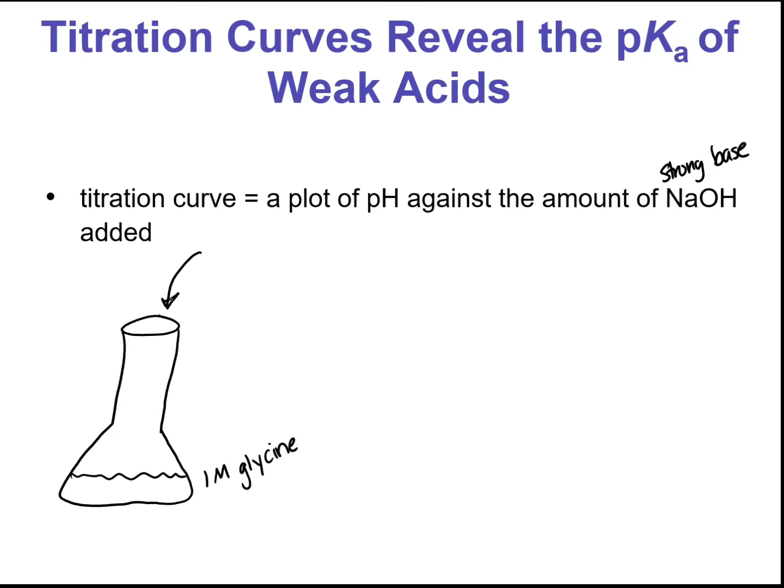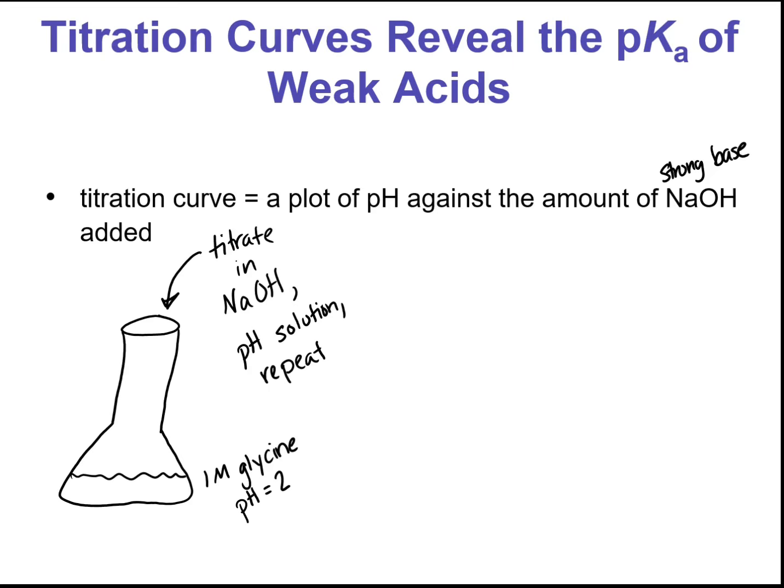So you're going to titrate in sodium hydroxide a little bit at a time, stir it, and then take the pH. And you keep repeating that. So you may have glycine that's at a pH of, say, about 2.